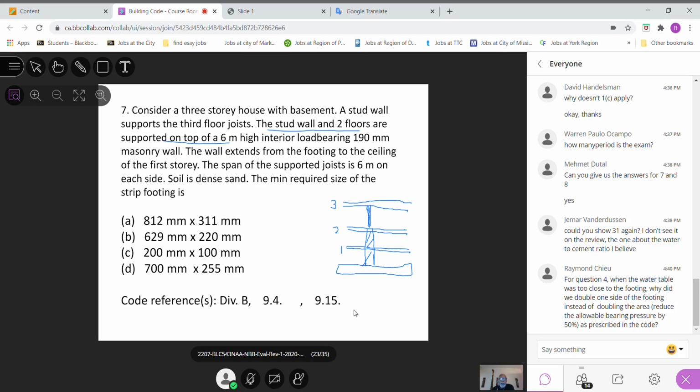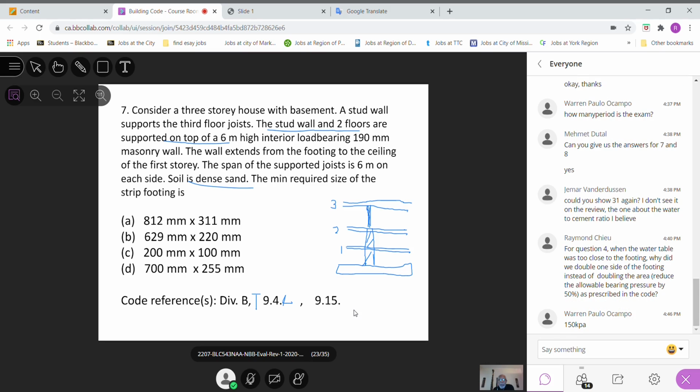The first thing we have to look at: it says the wall extends from the footing to the first floor ceiling. The span on the supported joist is 6 meters on each side. The soil is dense sand. Then we have to check with table 9.4.4.1, and that will give us the 150, and that tells us we can use 9.15.